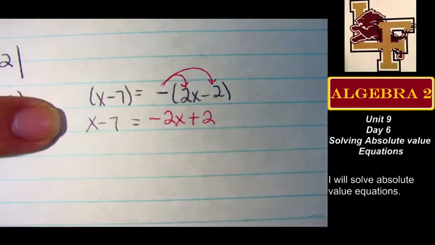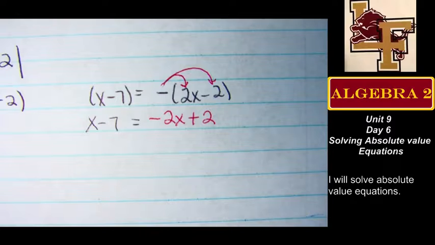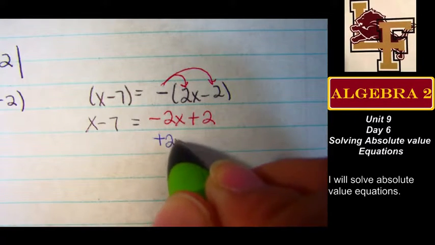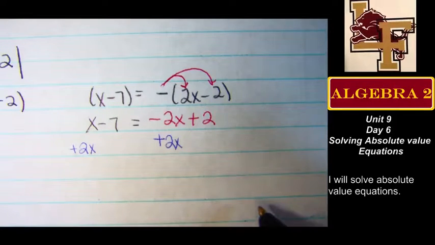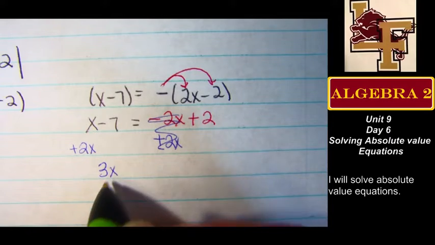I'm going to collect all my x's to one side of the equation, shove all my numbers to the other, do any kind of divisions or things that I need to do, and get down to x equals a number. So x minus 7 equals negative 2x plus 2. I'm going to add the 2x to both sides right here. That's going to get rid of it on this side, giving me 3x over here.